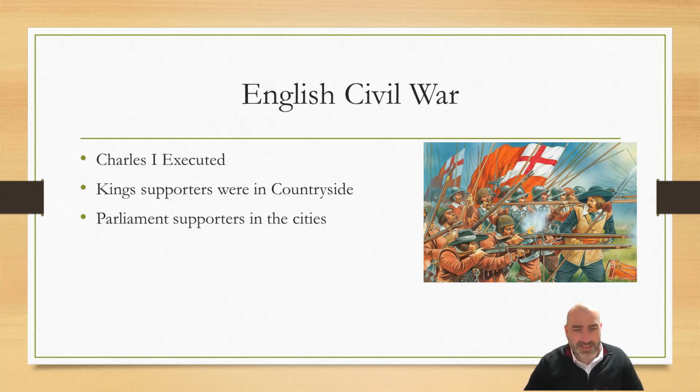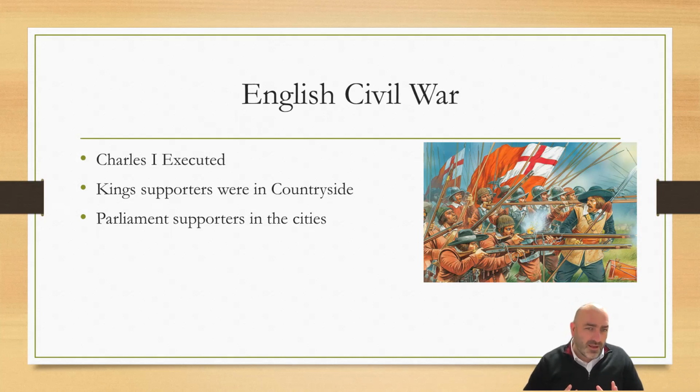By 1642, the English Civil War had broken out. The English Civil War had two sides: the parliament and the king. Supporters for either side were usually divided by geography. The king's supporters lived in the countryside, and the parliament supporters tended to live in ports and cities.